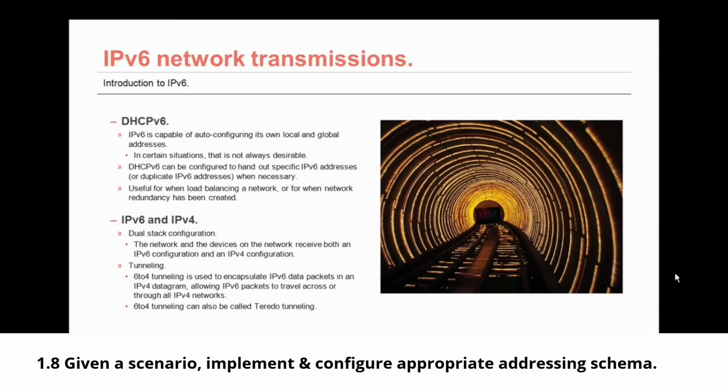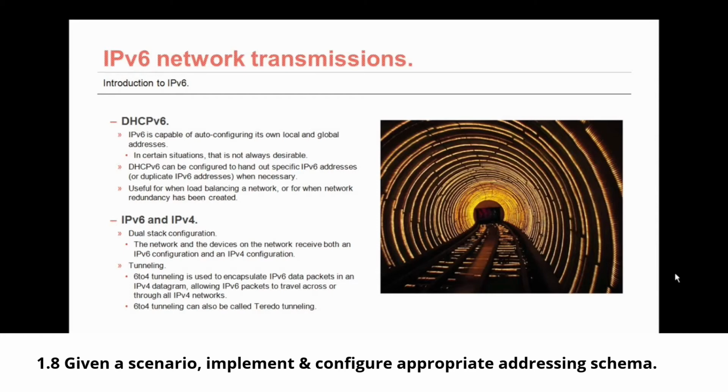That's useful for load balancing a network, or when network redundancy has been created, or when you have a user that has a tablet, a cell phone, and a laptop, and you want to deliver the transmission to the closest device, the device that he's using at that point in time. That is where DHCPv6 comes in handy.